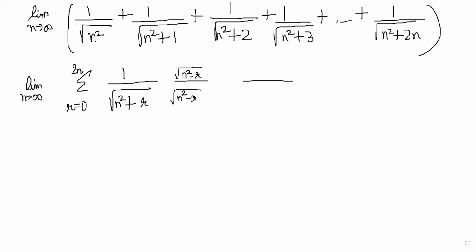I think we have to do n square plus r, right? So it will become root over n square plus r by n square plus r, and summation over r. I don't think that helps.